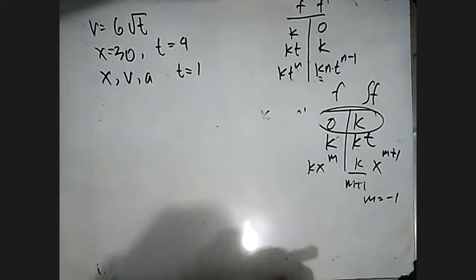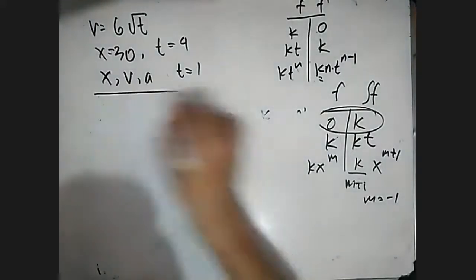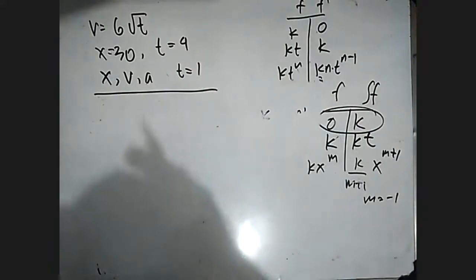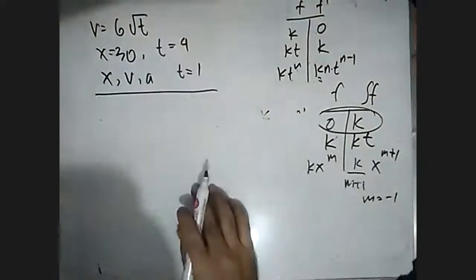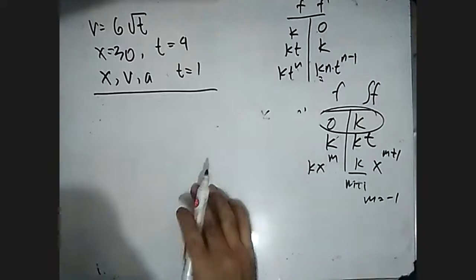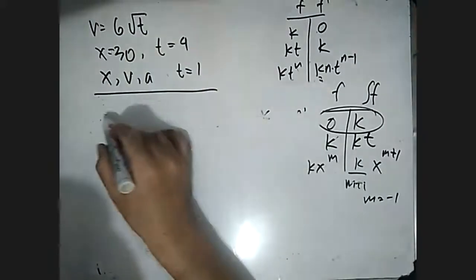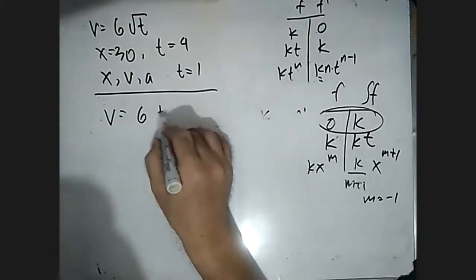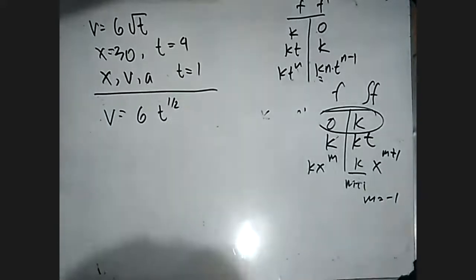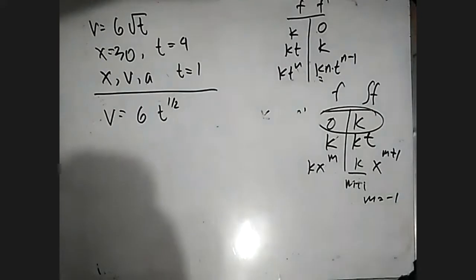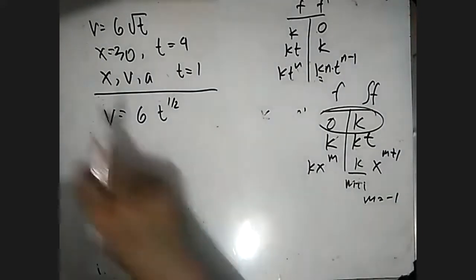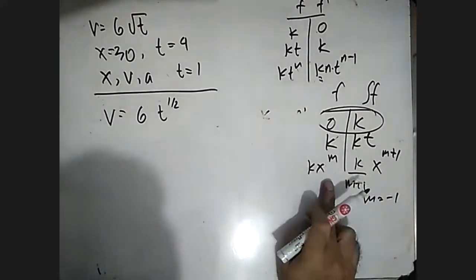Okay, let's do this now. We have v is 6 square root of t. I'm going to change this to v is 6 t power half. Now, how to find x here? We're going to use the third formula, yeah?